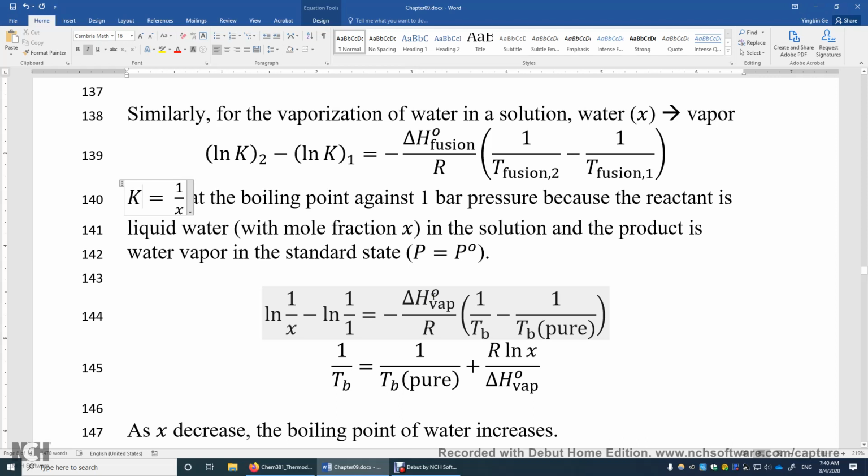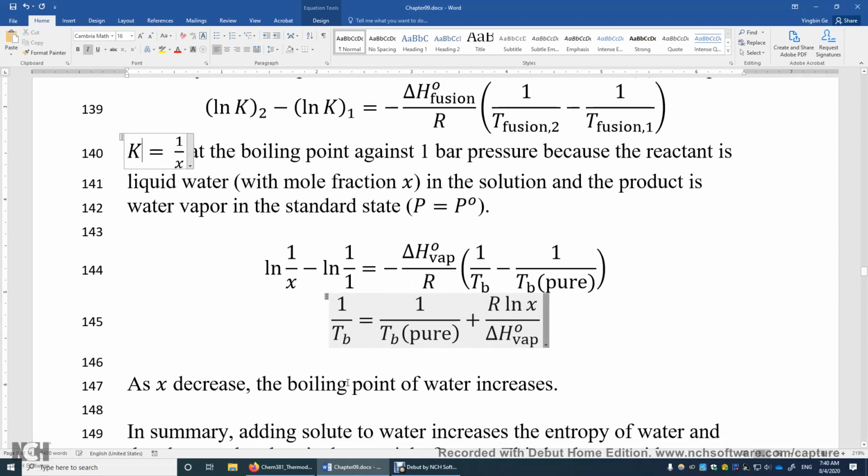And then all you need to know is the mole fraction of water in a solution. In the previous example, if you put 1 mole sucrose in 9 moles of water, the mole fraction of water is 0.9. Just plug in 0.9 here. You will get the new boiling point of this water in a solution.